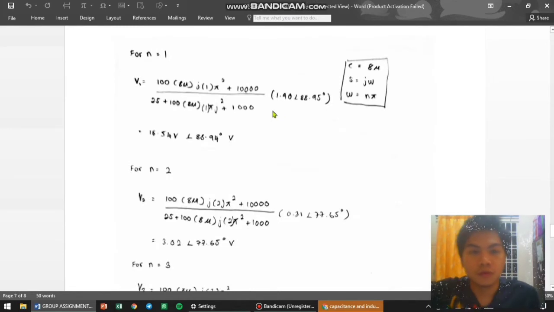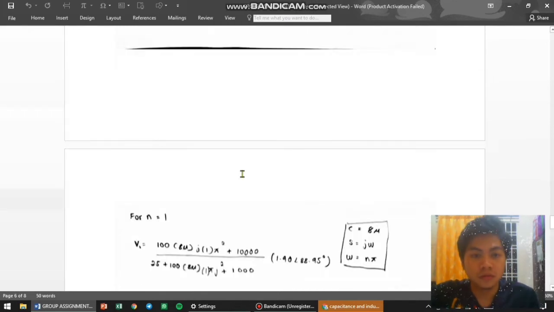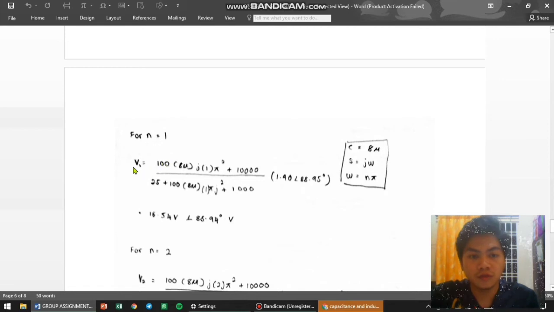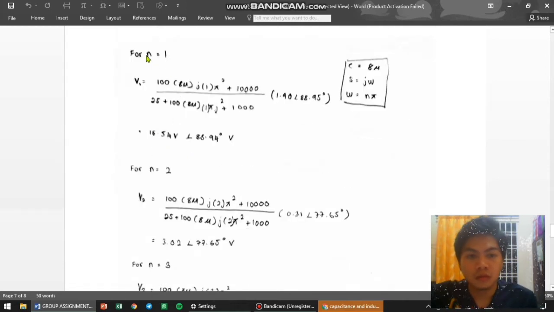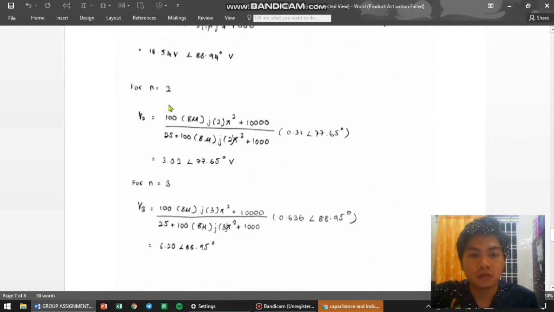So next, to find each of the voltage outputs, after we gain the easiest form of voltage output, now we insert all the information for the voltage source that we have calculated previously. So we get the answer for voltage output for N1. So next, we calculate the voltage output for V2.